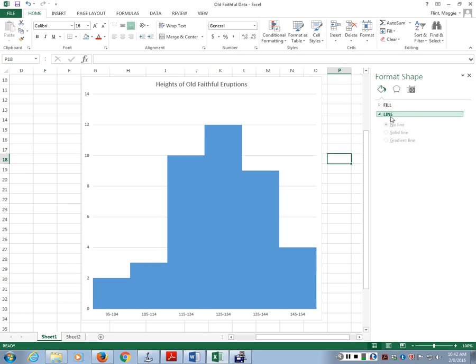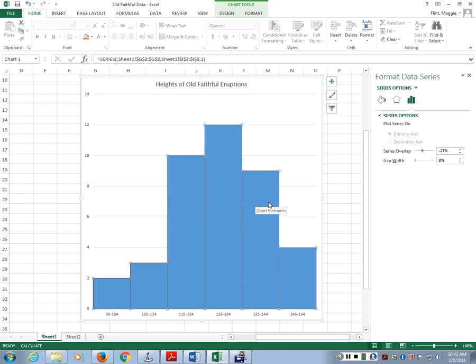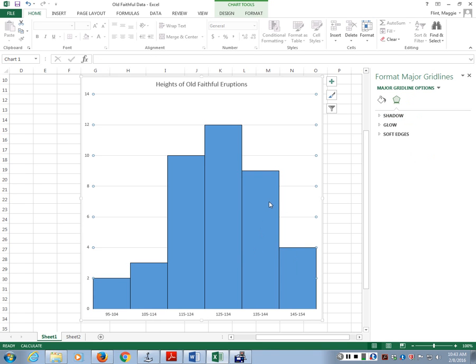Okay, don't use black then, fine. It's being hateful. You can actually do it from right here. There we go. And it puts black borders around all of it.